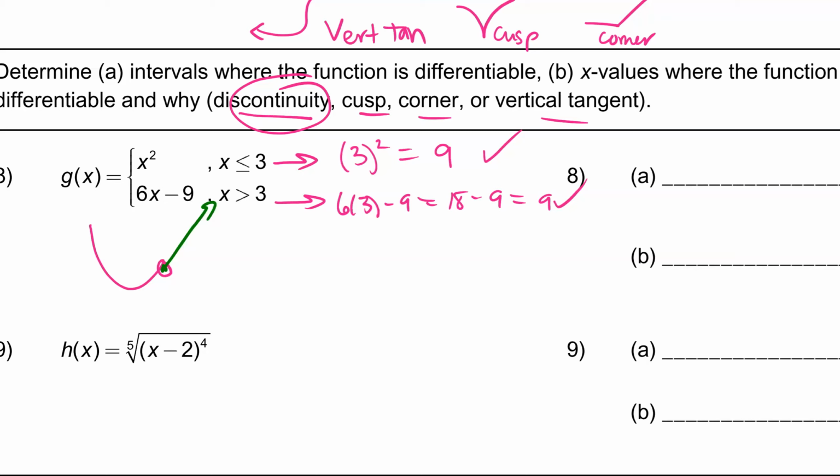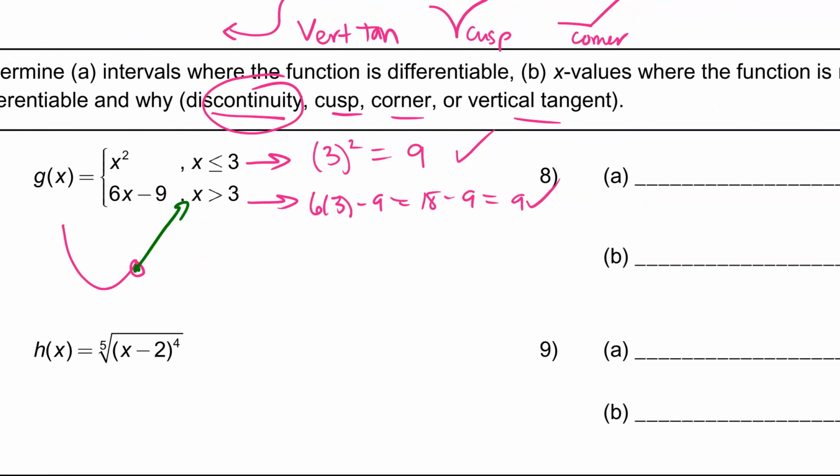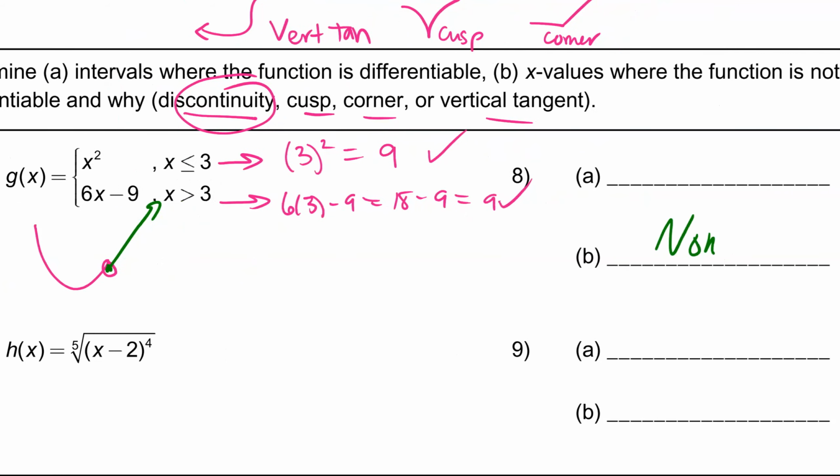Well, I'd say you have to since it's the last option. No? Is there another one? So none, exactly. B says the x values where the function's not differentiable: none. It's differentiable everywhere, meaning the interval where it's differentiable is negative infinity to infinity.